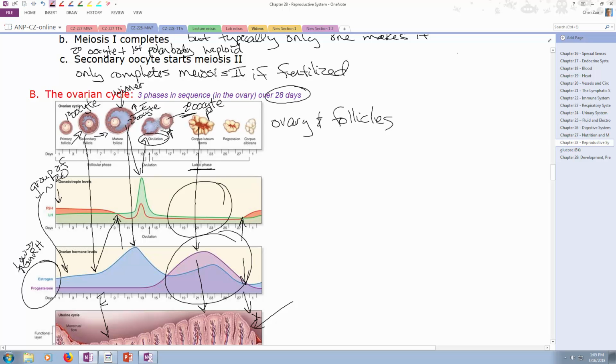Now, when that secondary oocyte leaves the ovary during ovulation, that surrounding granulosa cell layer, which was producing all that lovely estrogen, now gets its machinery changed.